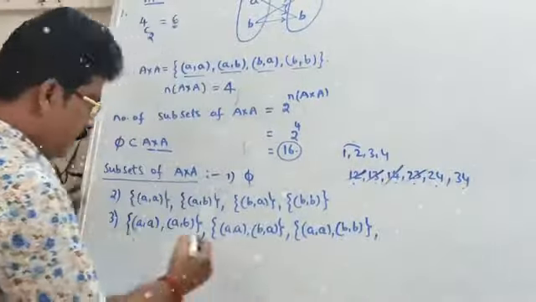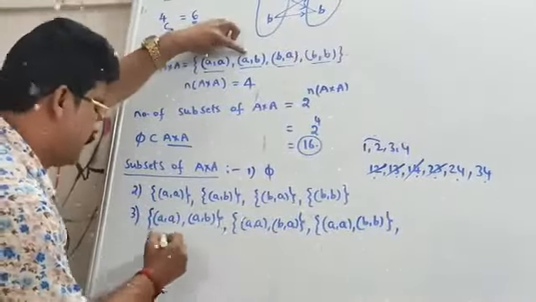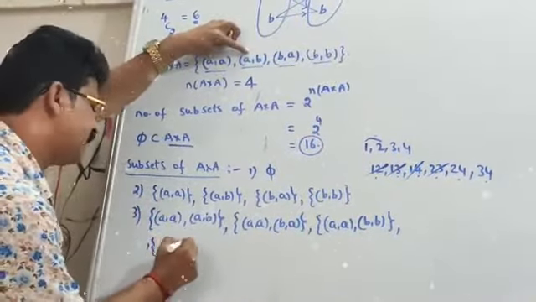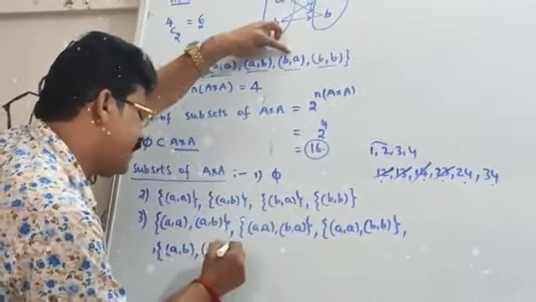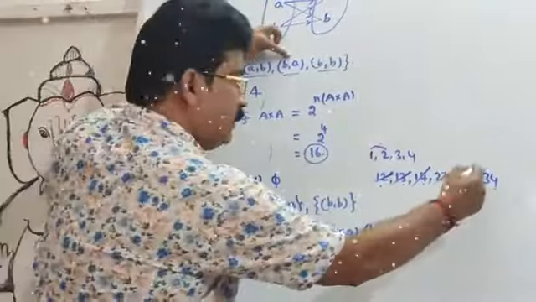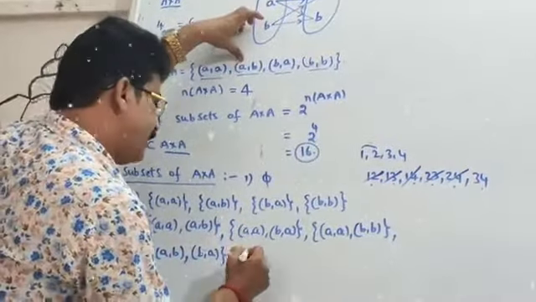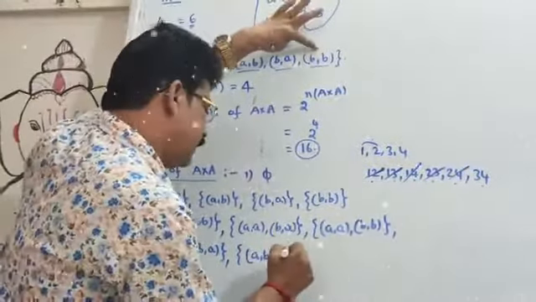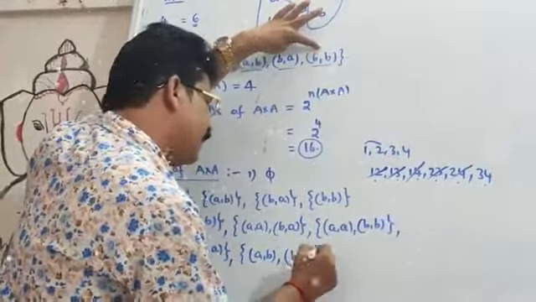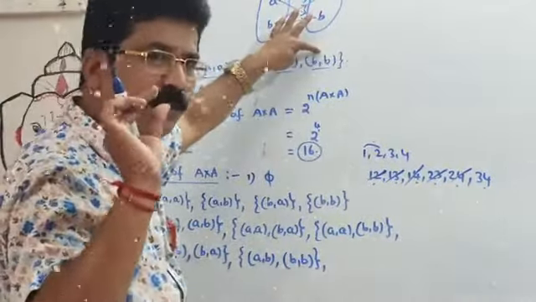Next 2, 3: set of second element (a, b), third element (b, a). Next 2, 4: set of second element (a, b), fourth element (b, b).